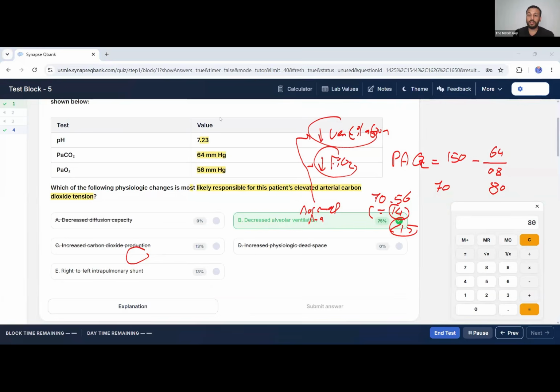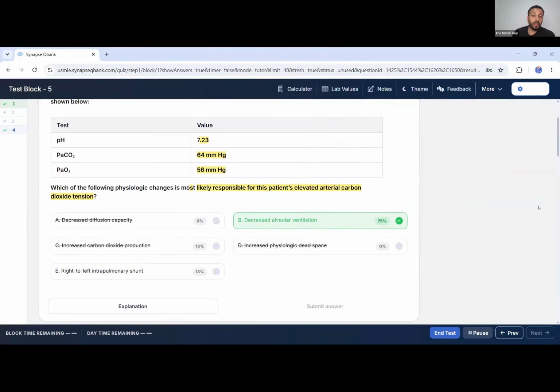And now let's talk about the shunt. Do you know what is the meaning of shunt in general? Could you tell me, guys? Yes, shunt means bypassing, and it is a terminology we use on blood vessels.